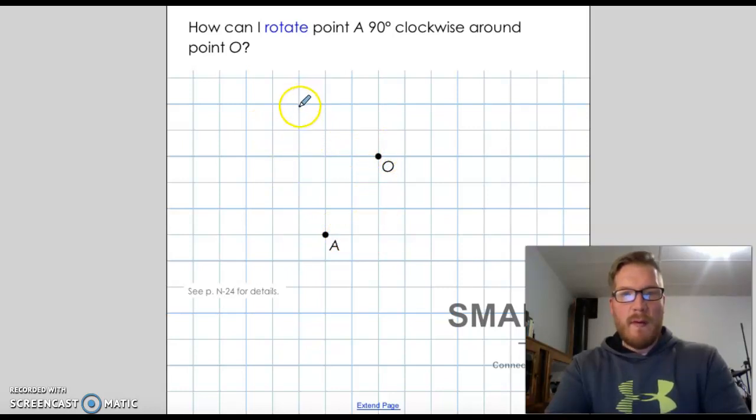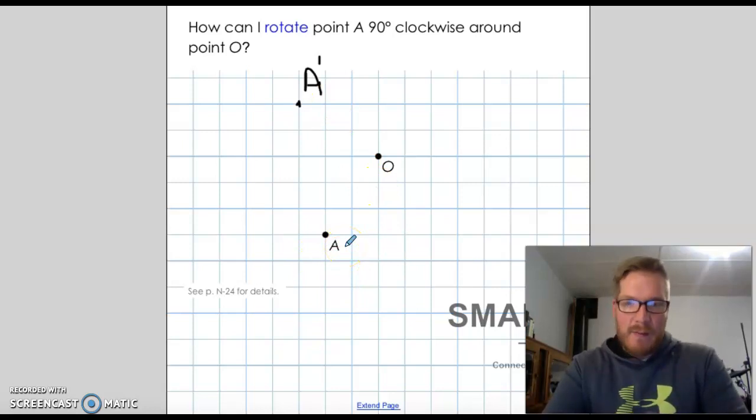So that would be my A prime point. And again, all I'm doing is just counting grid squares. And again, you have to be careful and pay attention to how you're counting, but you can do it that way.